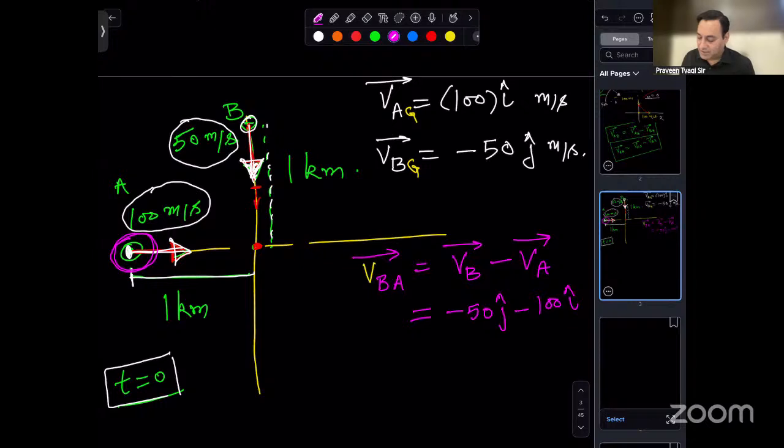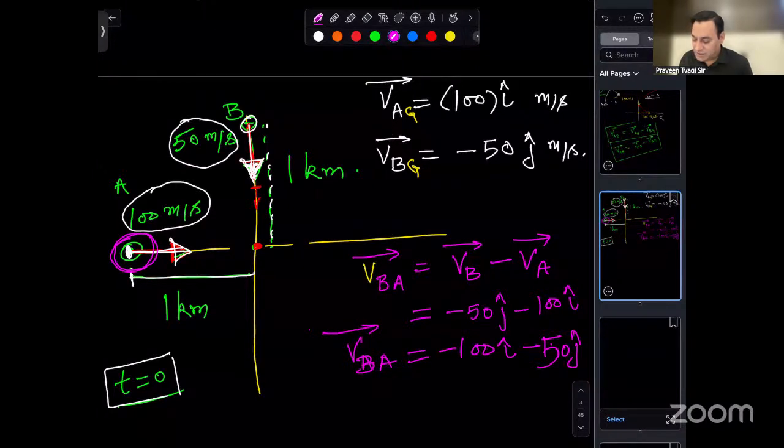This can be written in standard form as minus 100 i cap minus 50 j cap meters per second. This is velocity of B as observed by A in vector form.